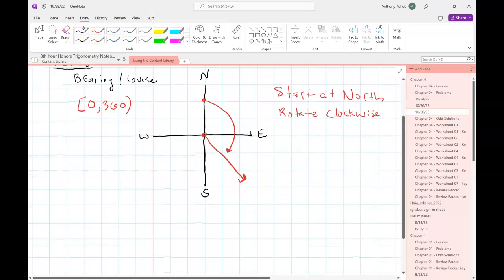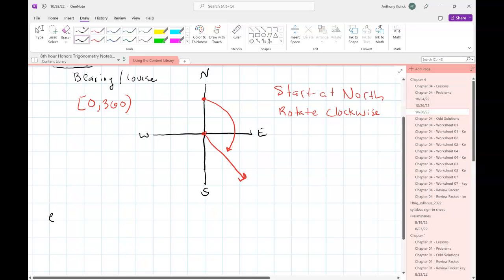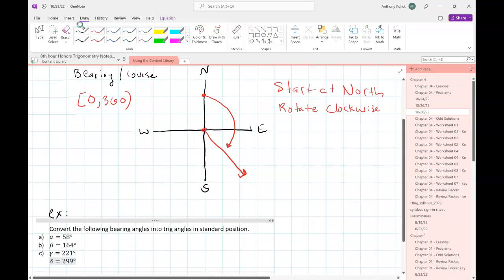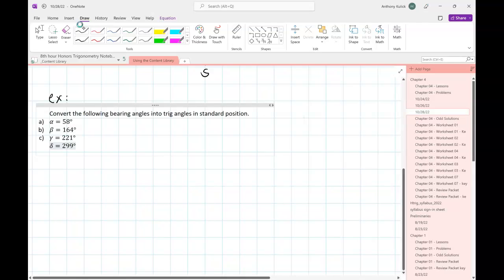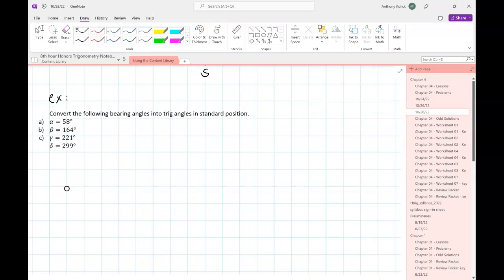Let's do a couple of examples here on taking a bearing and translating that into a standard position angle. Everybody cool with that plan? All right.